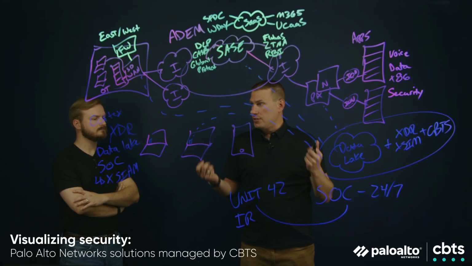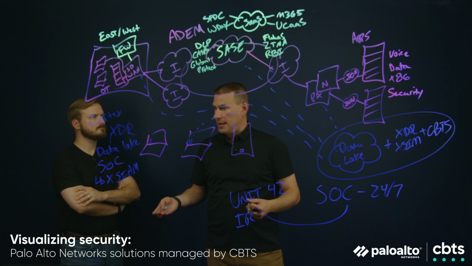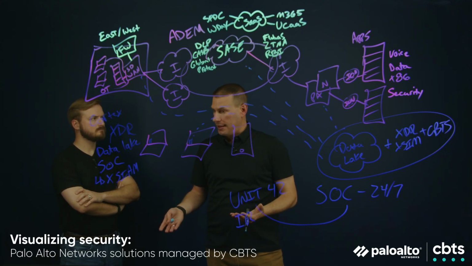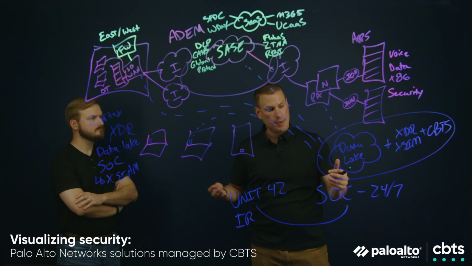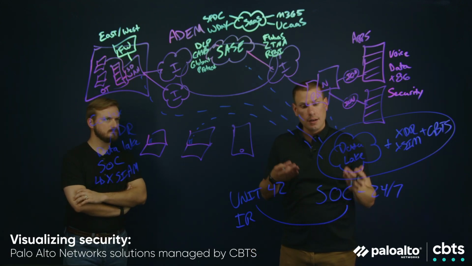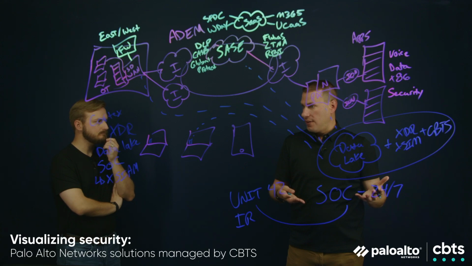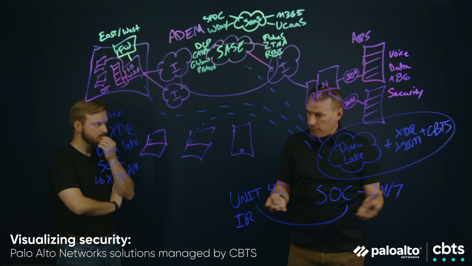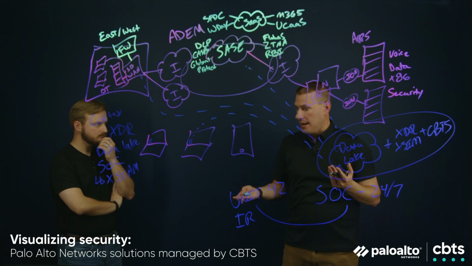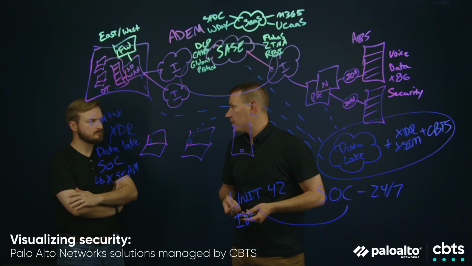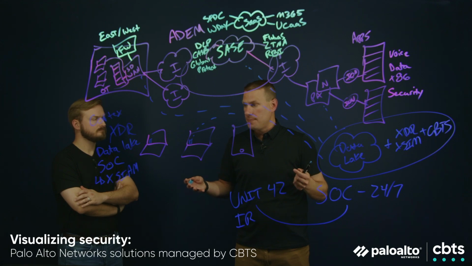We have the ability to sell, implement, and manage Cortex from an XDR standpoint, Cortex from a data lake standpoint, Cortex XIM feeding into CBTS's 24/7 manned SOC for correlation of events, and then swivel back when somebody does need to be deployed for forensics on site. Incident response, we're partnering with Unit 42 to go out on site and do all of that work for us.